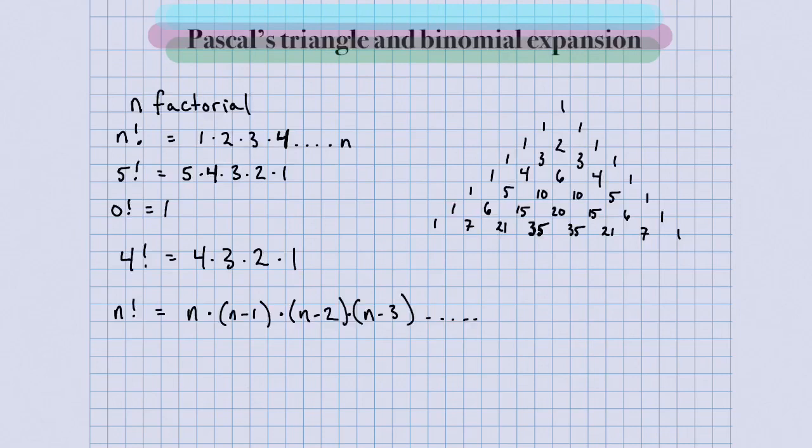The other thing to keep in mind is that 0 factorial equals 1. Okay, if you ever see 0 factorial, that equals 1. So pretty simple. You just subtract 1 as you go along.